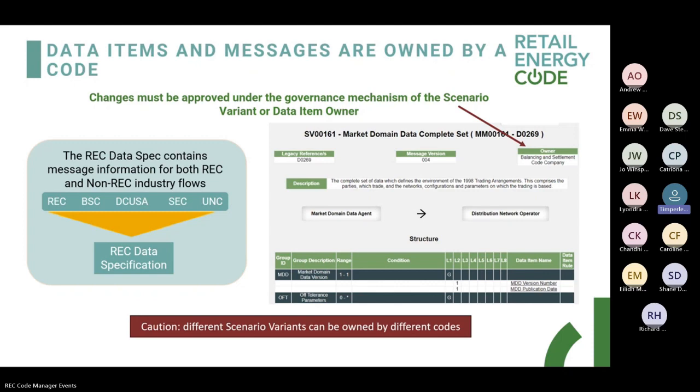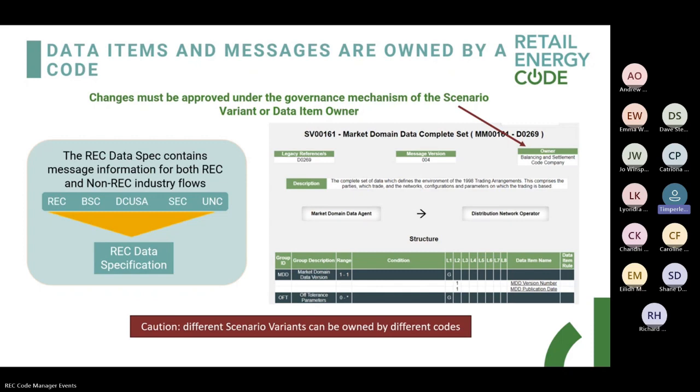So when you look at a data item or a scenario variant, you'll see the owner for that listed, and I've got one here that's owned by the Balancing and Settlement Code. So if you are looking to change an item, you need to find out who the owner is and then raise your change under that owner's code. And just a word of warning, different scenario variants can have different owners. So don't just necessarily check the first one and assume that it's the same for everyone.